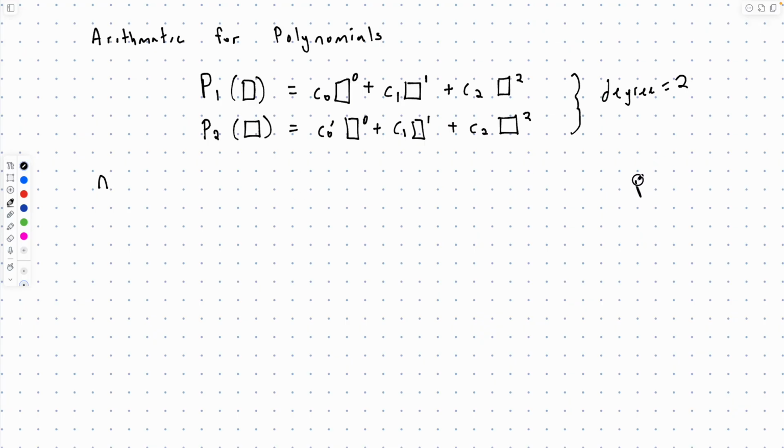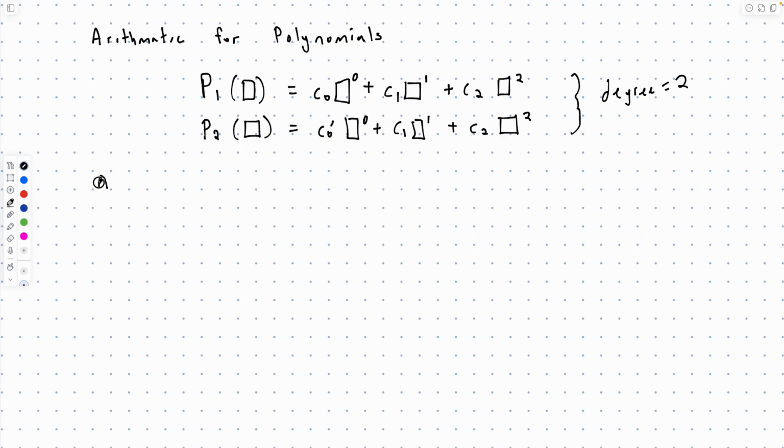Composition would be like you take P1 of P2 of a number. So let me fill it in with a 5. So you'd first evaluate P2 at 5. You would get the answer, say it's 7, and then you would evaluate P1 at 7. This is sometimes used for permutation, shuffling polynomials and things.